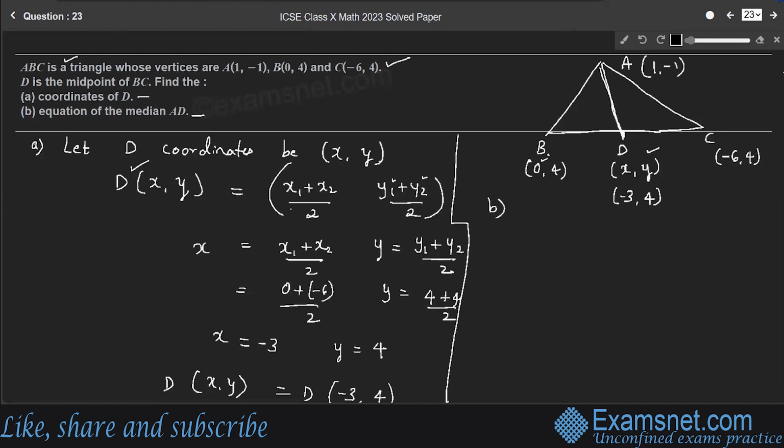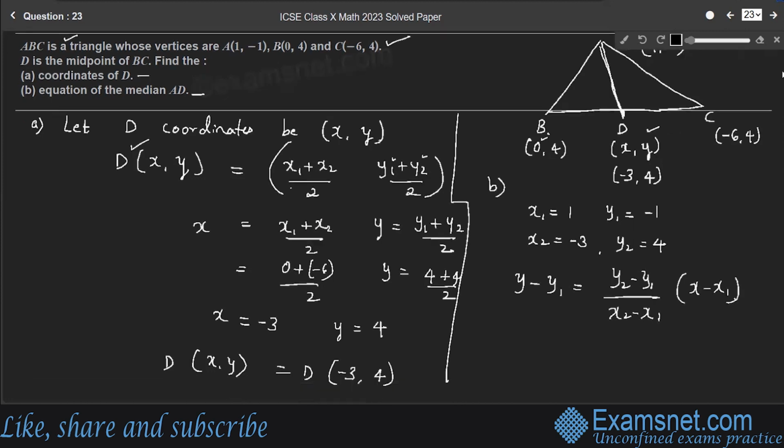Here we'll consider x1 as the x coordinate of A, y1 as the y coordinate of A, x2 as the x coordinate of D, which is -3, and y2 as the y coordinate of D, which is 4. So the equation of this line: the general equation is y minus y1 is equal to (y2 minus y1) divided by (x2 minus x1) into (x minus x1).